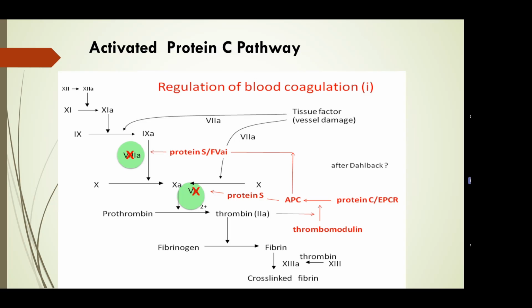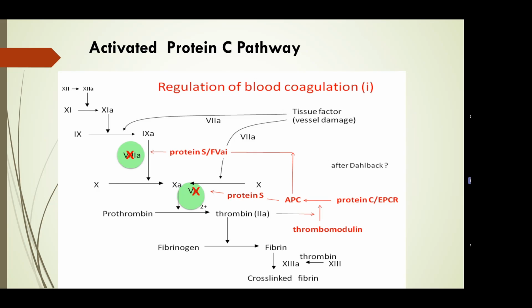Once clotting has occurred, the coagulation mechanism has to be inhibited, and one of the pathways through which that can be achieved is through the activity of the endothelial protein C receptor, the EPCR and APC pathway.